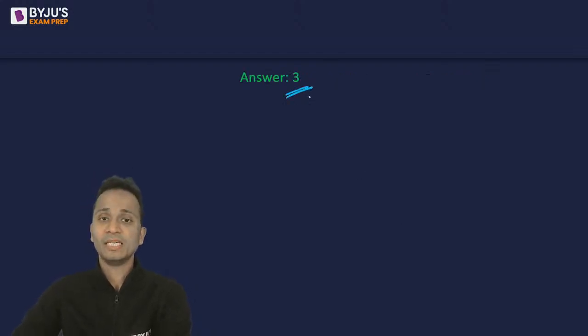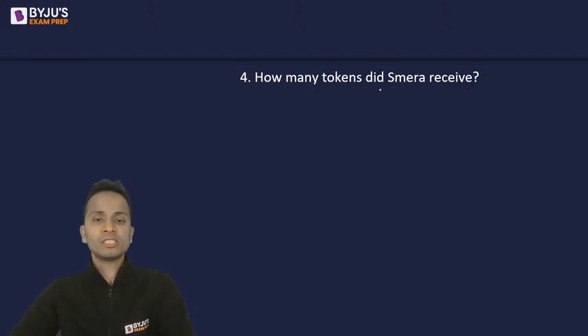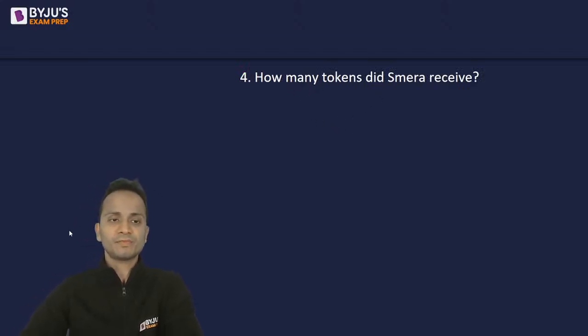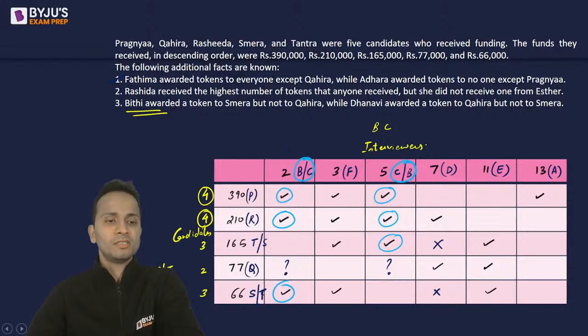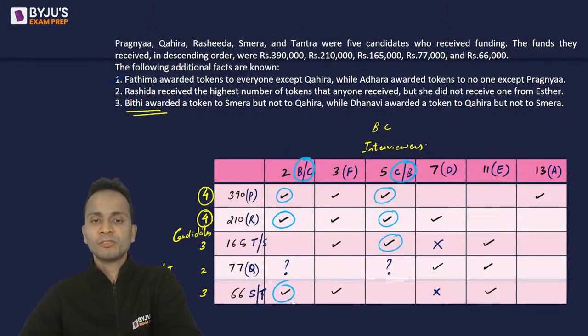Right? Okay. Now next question, how many tokens did Samira receive? Now Samira has received how many tokens? So moving back to the table, removing the extra information. So there can again be 2 possibilities for Samira, right?